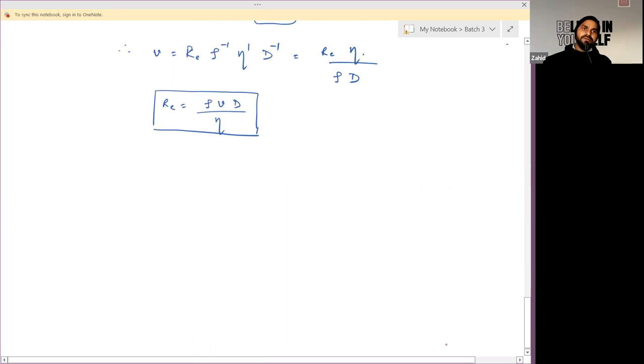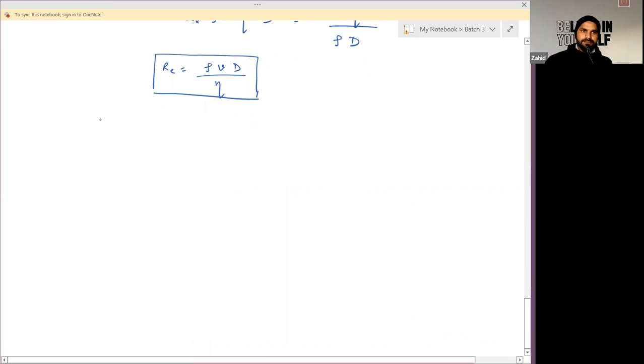Now, on putting the value of rho VD, if the Reynolds number is less than 1000, the flow will be streamlined. If the Reynolds number is greater than 1000 but less than 2000, it will be laminar flow.